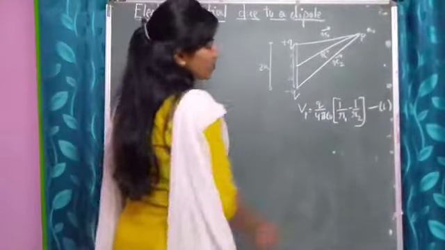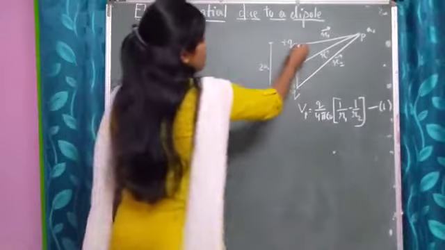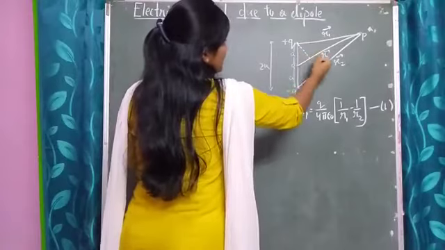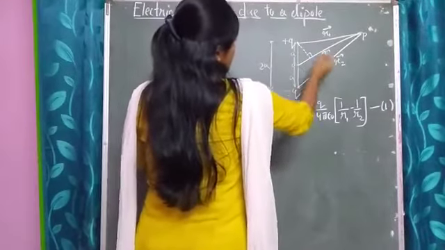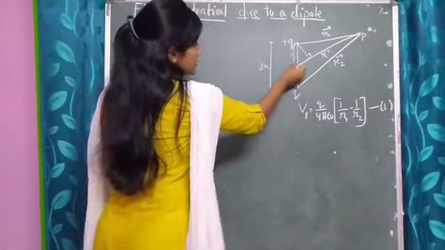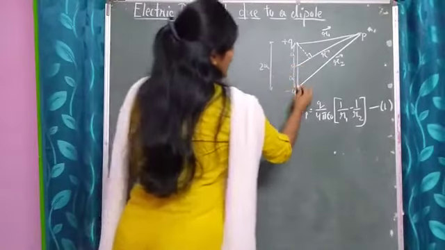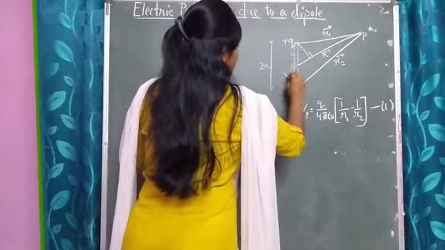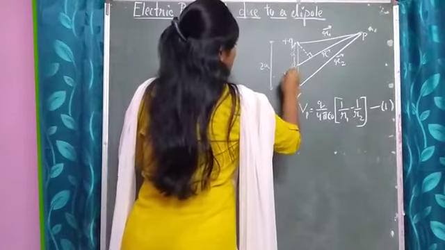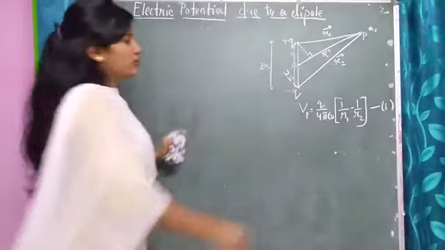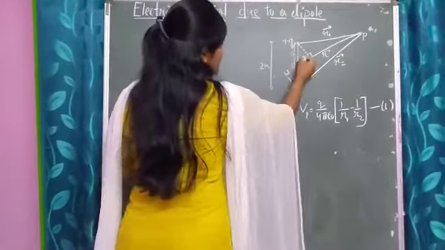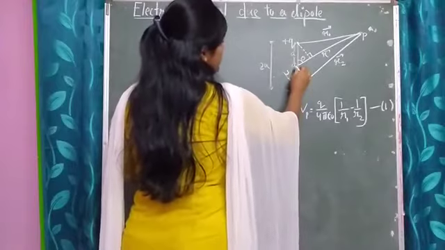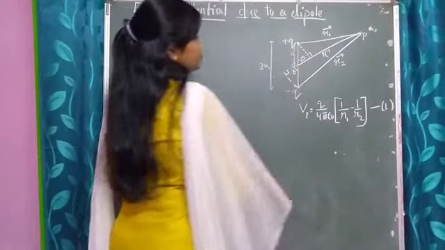Now let us find out what 1 by R1 and 1 by R2 are. For that, what will I do? Let us draw a perpendicular from charge q to the line OP, and again extend this line and draw a perpendicular to it. Suppose this is theta, so this will also be theta.